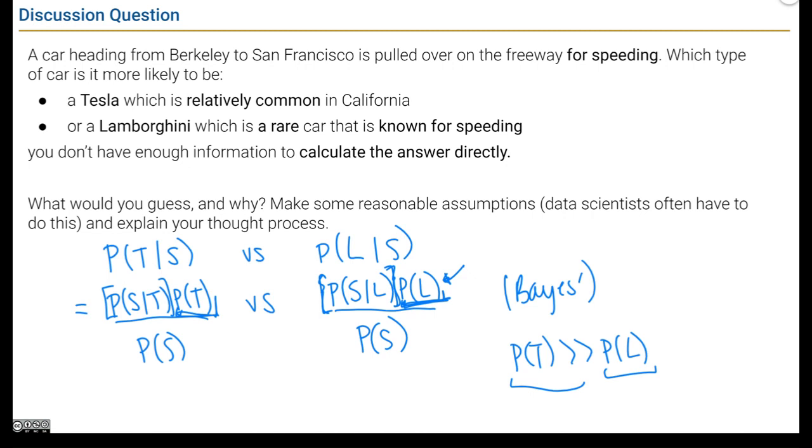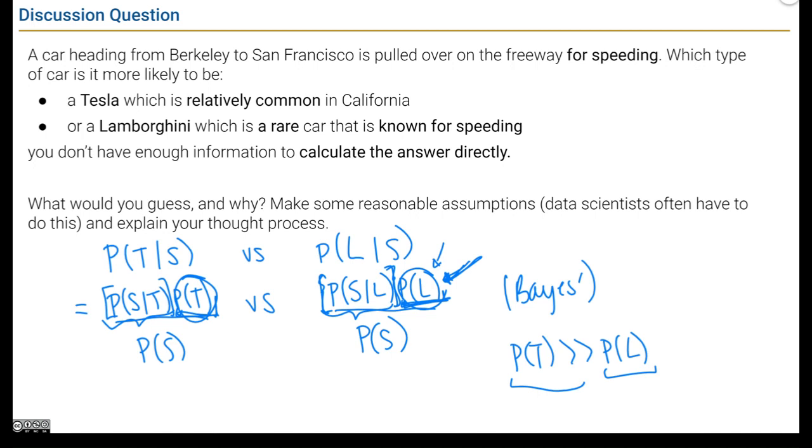So if I think about what's going to win out in this, what's going to be driving this numerator here is the fact that this is so small. Just like what we saw in that 1 in 1,000 chance of having the disease was really driving the whole process. So yes, even though this quantity here might be a little bit bigger than this quantity here, it's not going to be enough to make up for the fact that this is so much smaller than this.